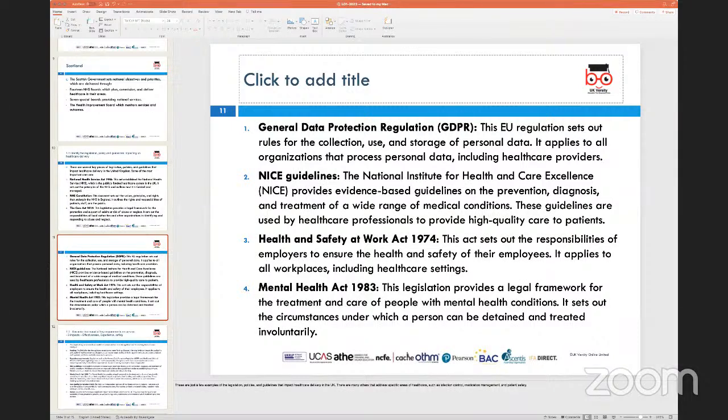Their main role is to ensure that health and social care services provided to the public meet the required standards set for quality, safety, and effectiveness by CQC as a body. So their main role is inspection and regulation of various healthcare providers, hospitals, care homes, GP surgeries, dental surgeries, amongst lots of other types of organization.